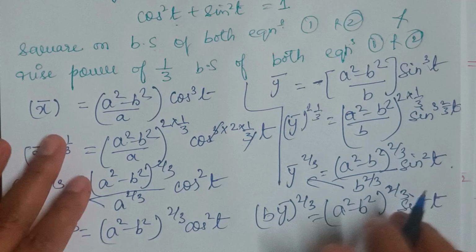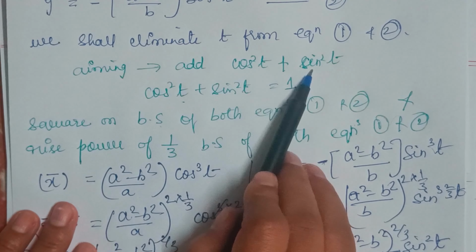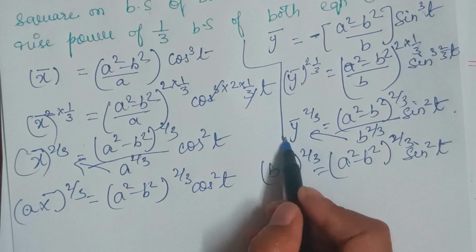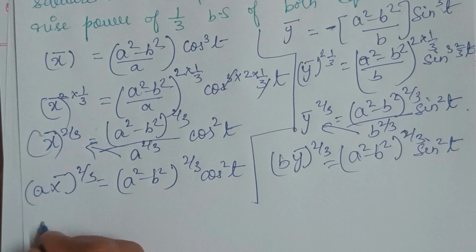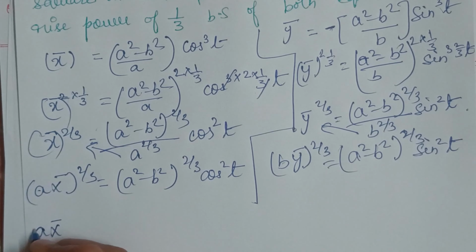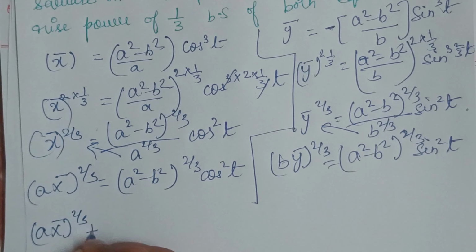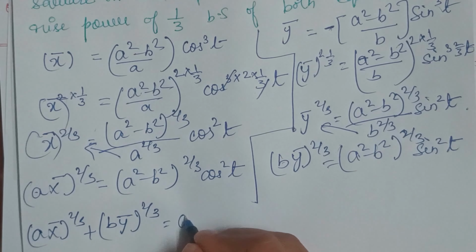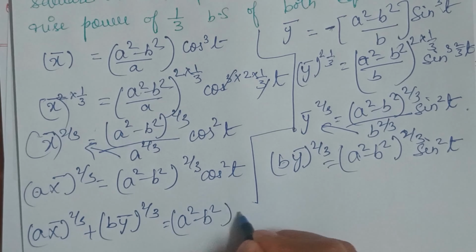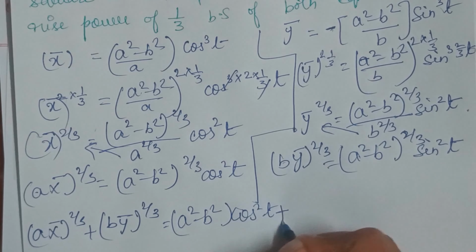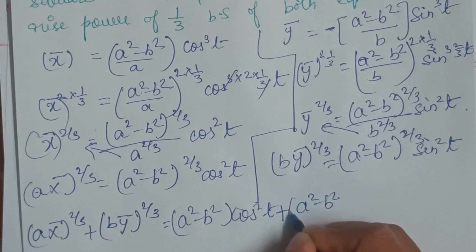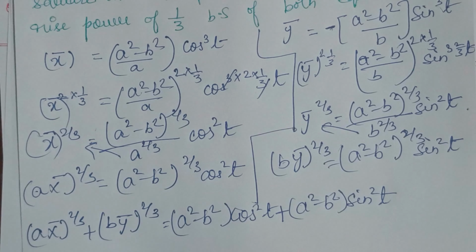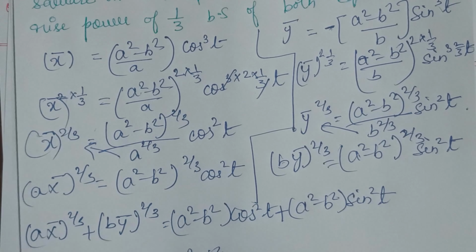What is my aim? I'm aiming to add cos square t and sine square t. So I'll simply add these equations. So it will become a x bar to the power 2 by 3 plus b y bar to the power 2 by 3 is equal to a square minus b square cos square t plus a square minus b square sine square t. I can take a square minus b square common.